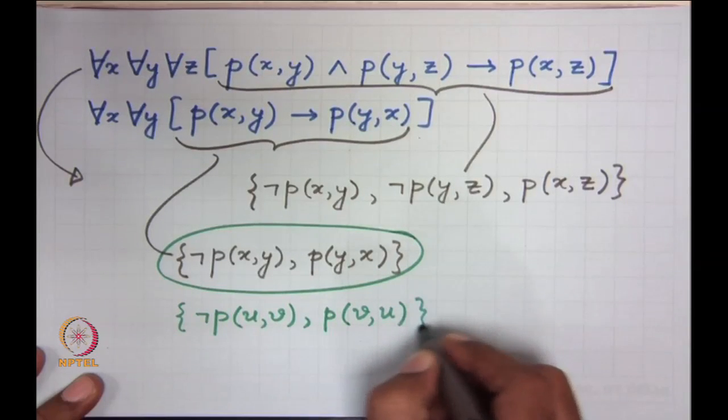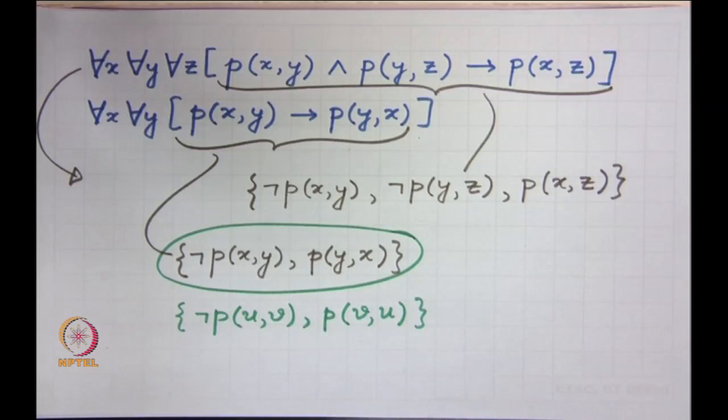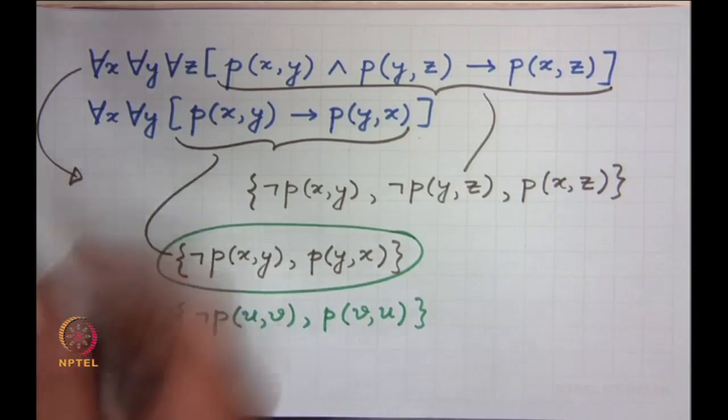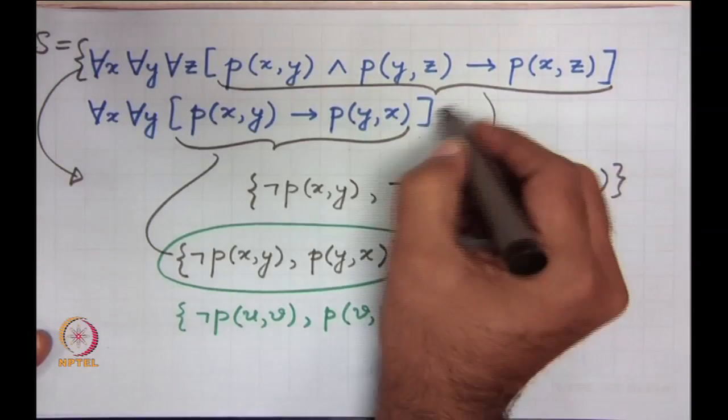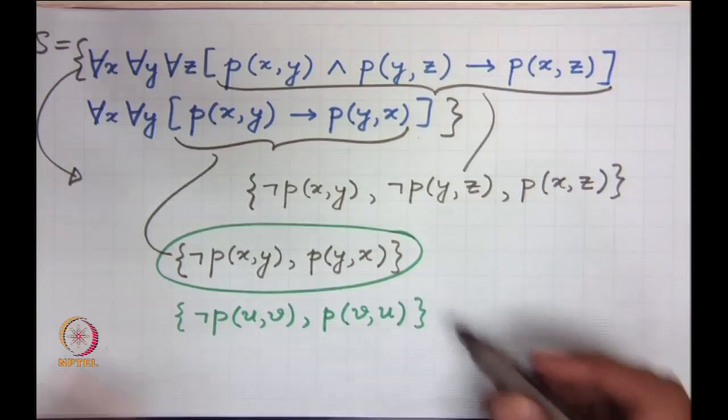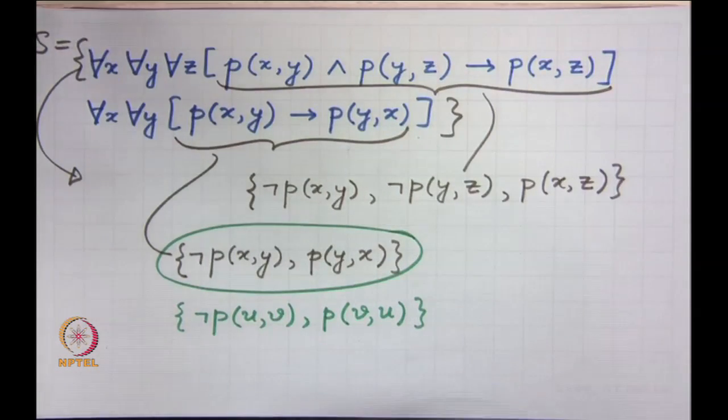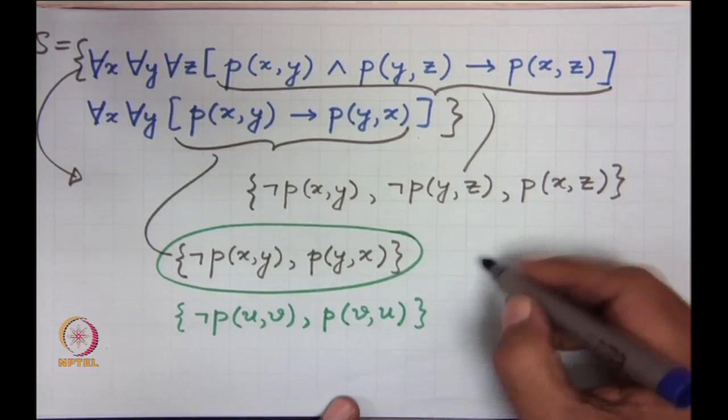If my original set S contained these two clauses, then this process of separating out the variables is called standardizing apart.